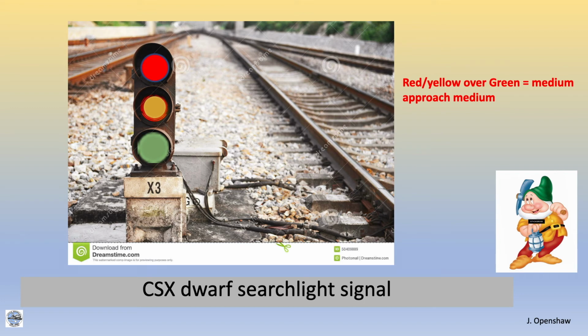It's just like when you come to workmen on a track, you'll have two signs, a green and a yellow. When you come up to the yellow, that means approach, prepare to stop.